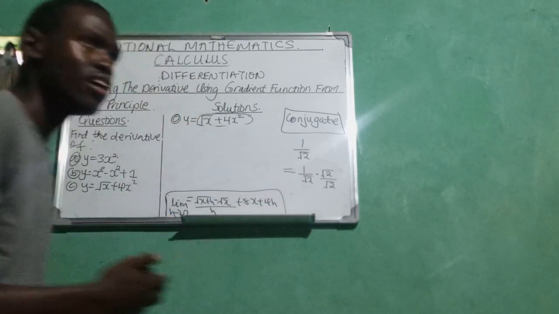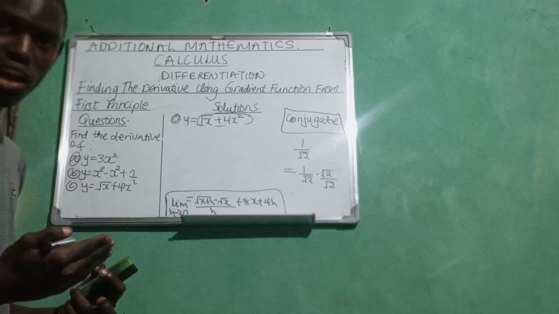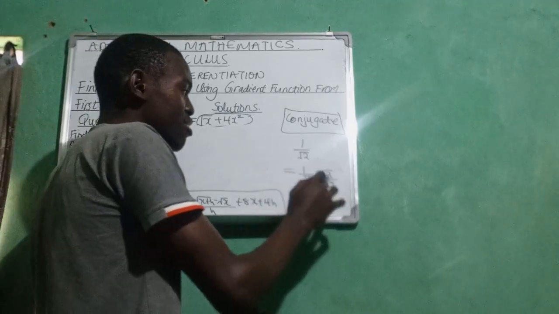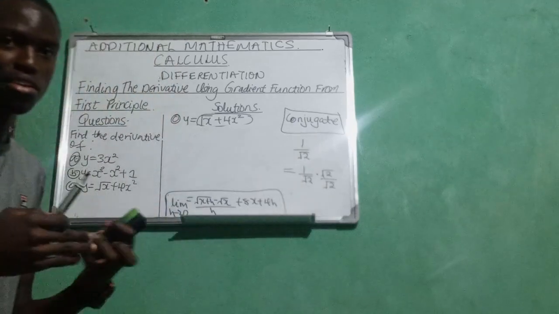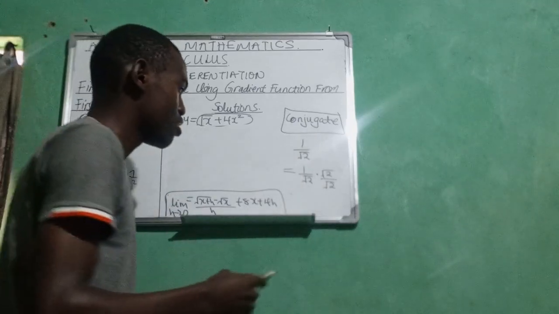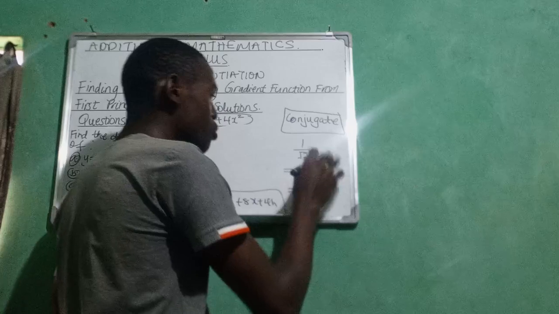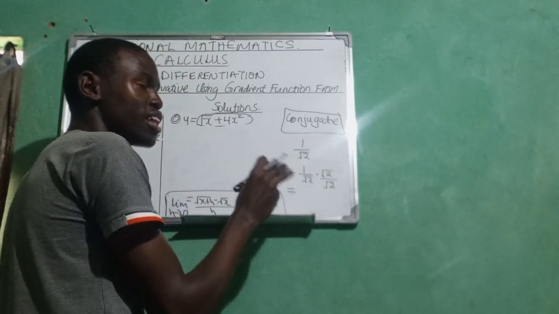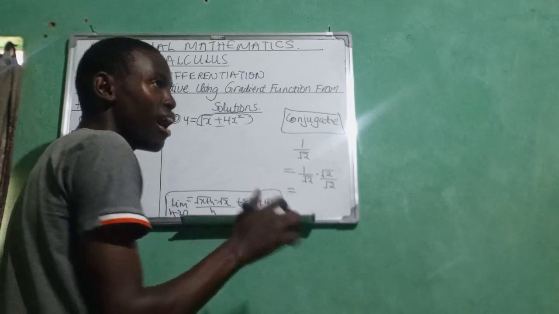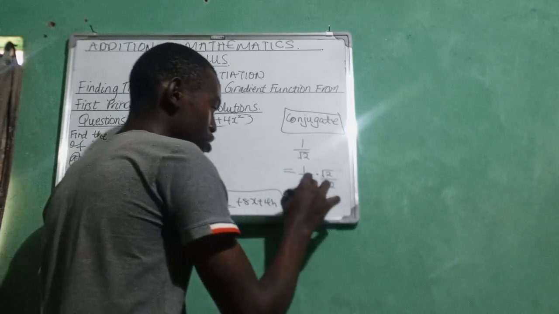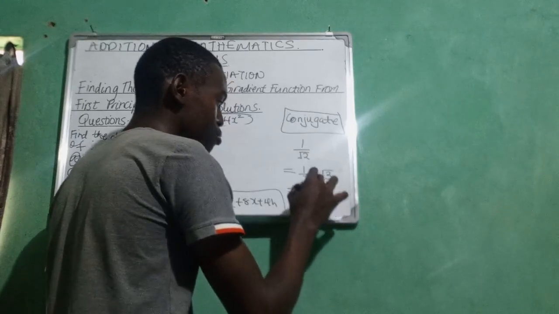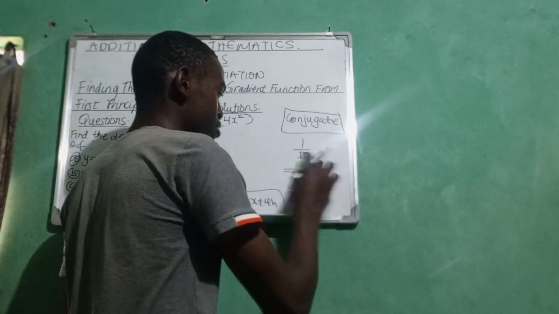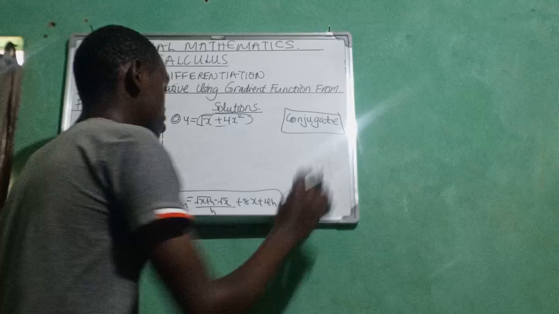Conjugating is like multiplying by opposites, the opposite of what you can see. Rationalizing is just making the denominator a rational number. So this would be square root of 2 divided by 2, because square root multiplied by square root gives you the whole number inside the square root.